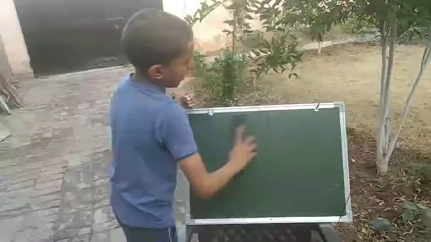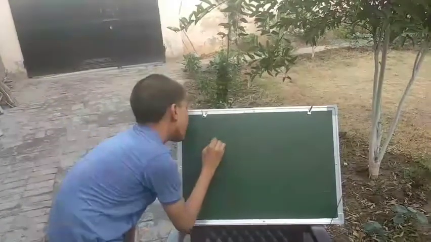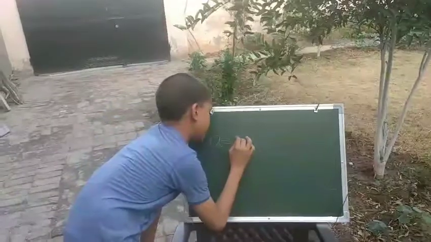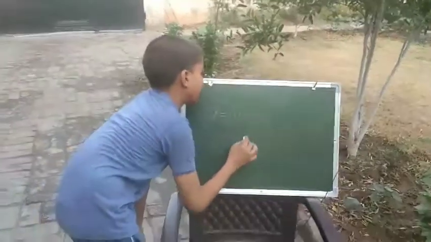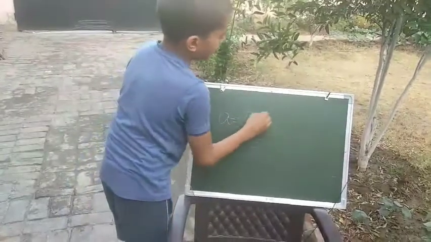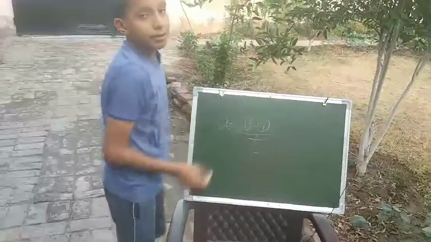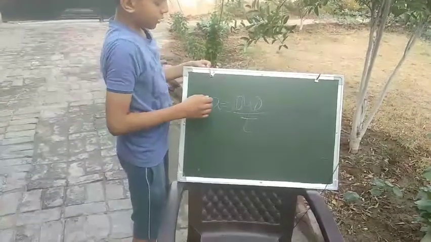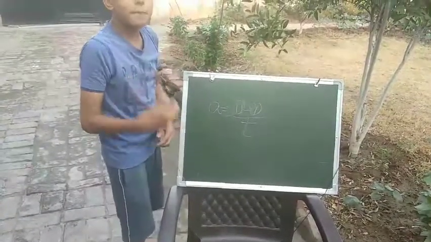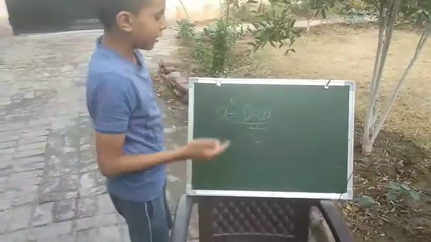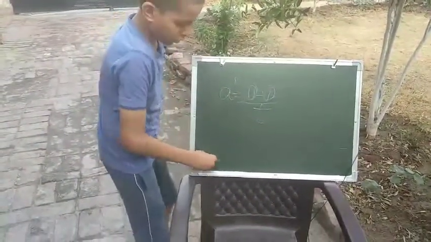To find out the acceleration, the formula is a is equal to v minus u over t. Here u and v are the initial and final speeds, the speed before starting and the final one.